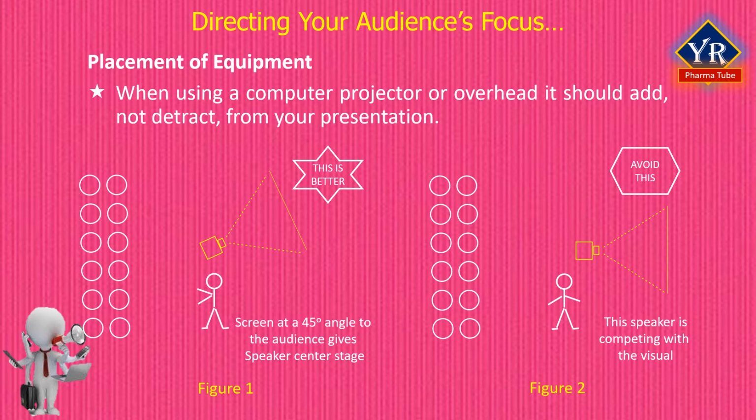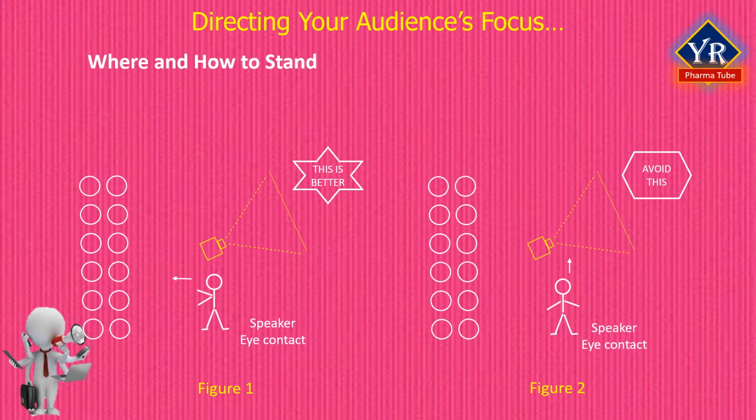Here, figure 1 shows how a room can be set up to maximize audience's focus on the speaker. And figure 2 shows the room setup where the speaker is competing for attention with the visuals. Where and how to stand.